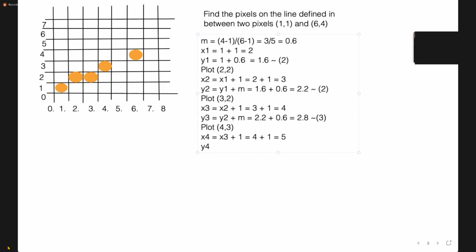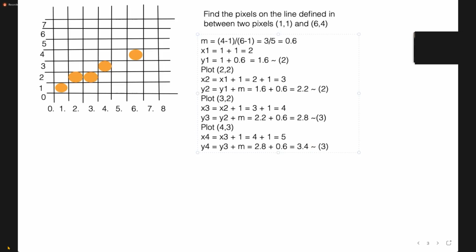Then y4 equals y3 plus m. y3 is 2.8 plus 0.6 equals 3.4. This is approximately equal to 3.